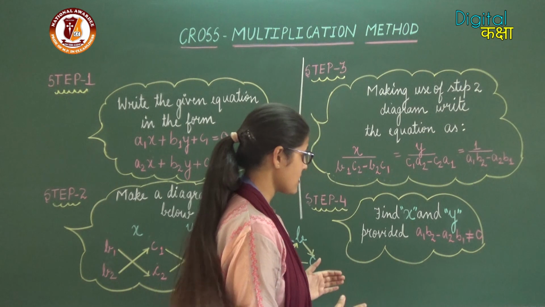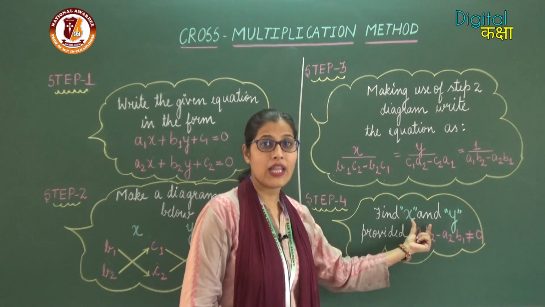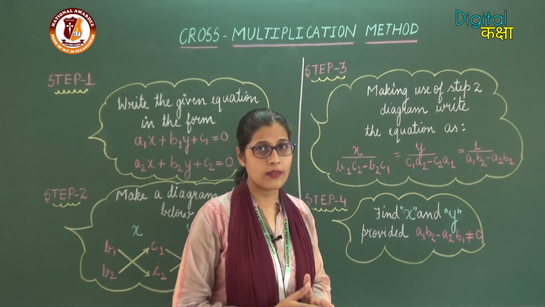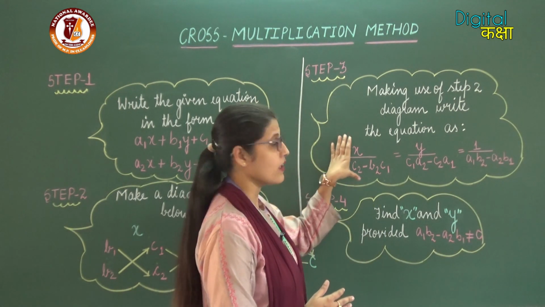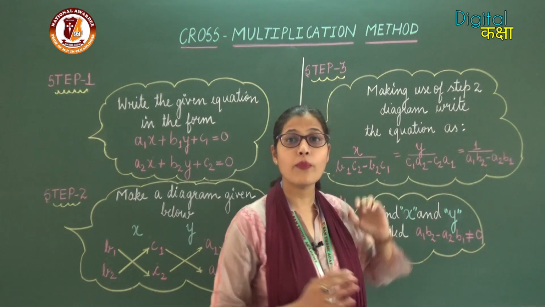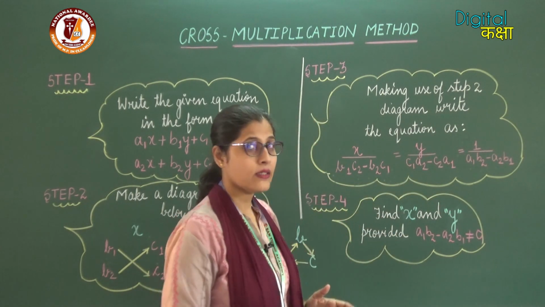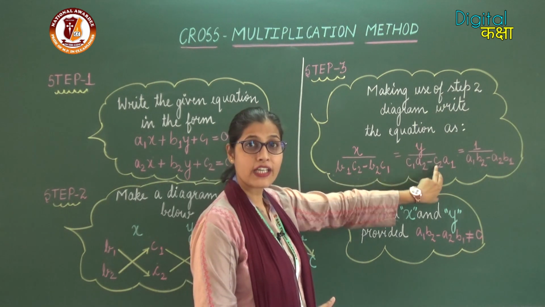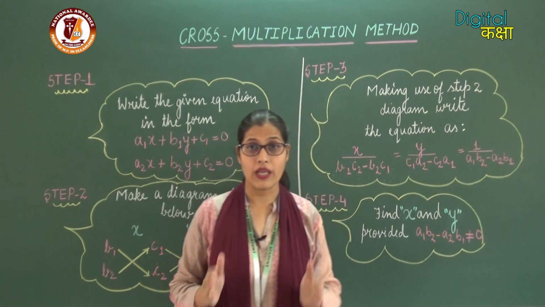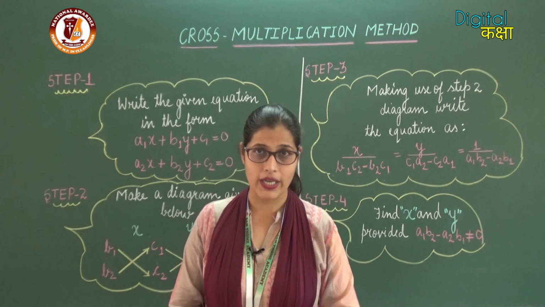So, at last we will be finding the value of variable x and variable y by comparing the first ratio with the last ratio to get the value of x, and by comparing the second ratio with the last ratio to get the value of the variable y.